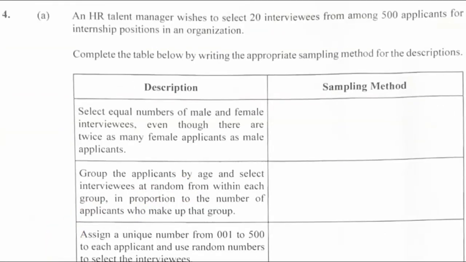An HR talent manager wishes to select 20 interviewees from among 500 applicants for internship positions in an organization. Complete the table below by writing the appropriate sampling method for the descriptions. Alright, so description 1. Select equal numbers of male and female interviewees, even though there are twice as many female applicants as male applicants. So since we want both genders represented equally, that's an example of stratified sampling.